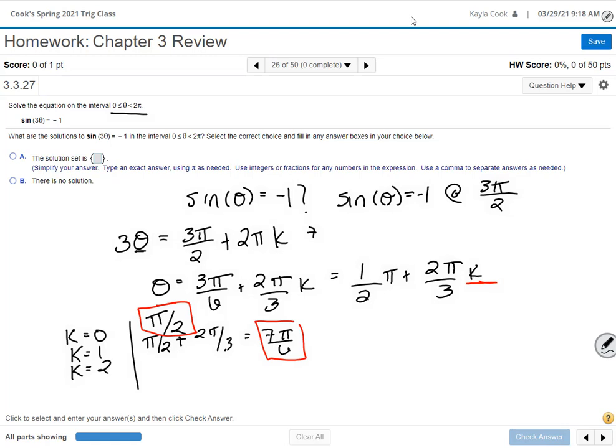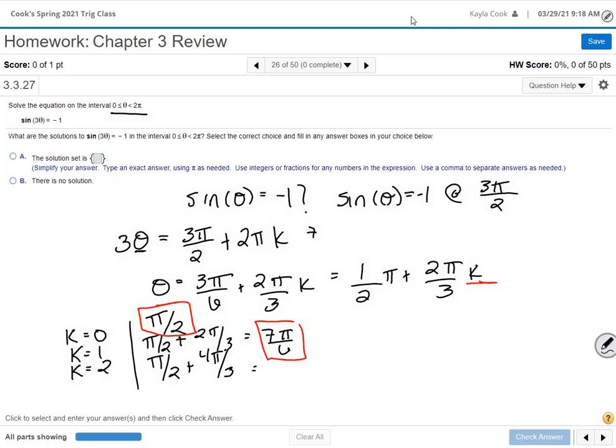So when k equals 2, I get pi halves plus pi halves over pi, 2 pi over 3 times 2, which is 4 pi over 3. So I get pi halves plus 4 pi over 3.